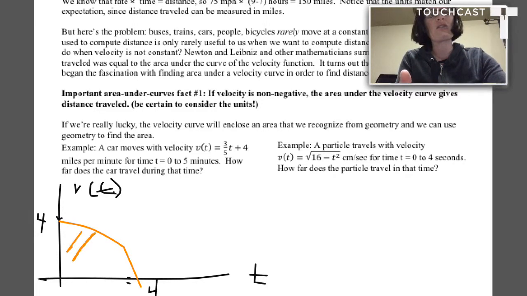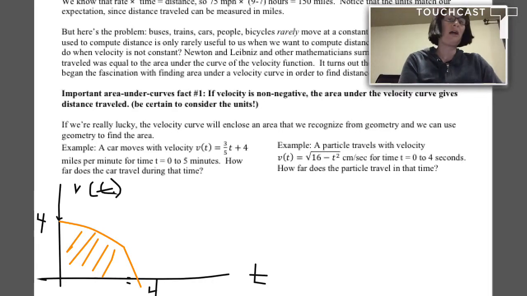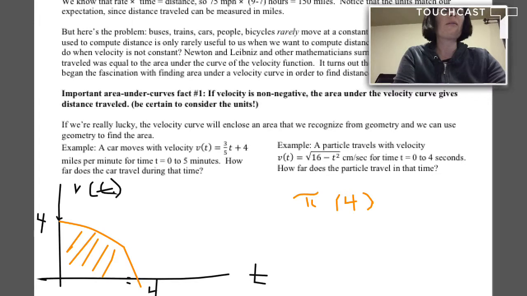If I want to find distance traveled, I need the area under the velocity curve between 0 and 4. Ask yourself, what is the area of a quarter circle whose radius is 4? So that's pi times 4 squared. Pi r squared is the area of a circle. We're going to divide by 4 because it's only 1/4 of the circle.